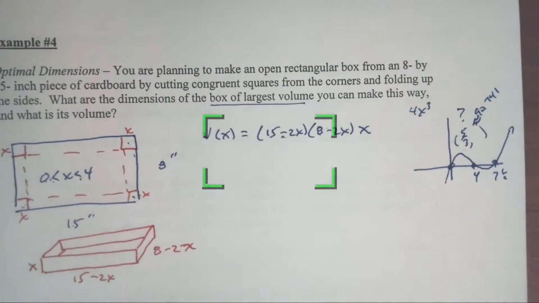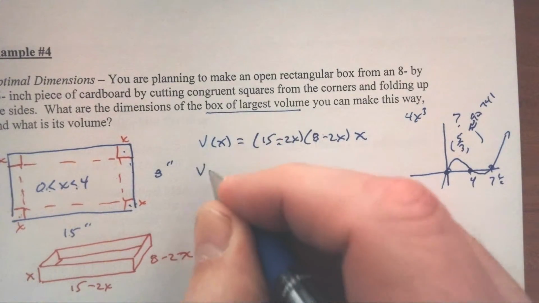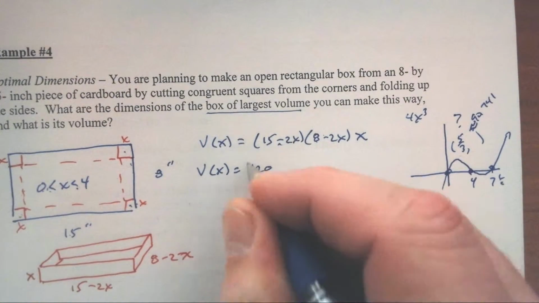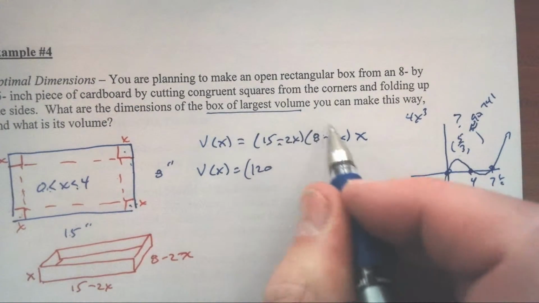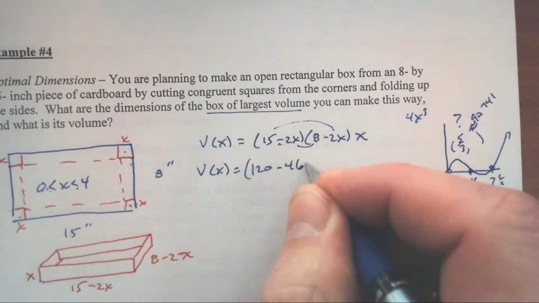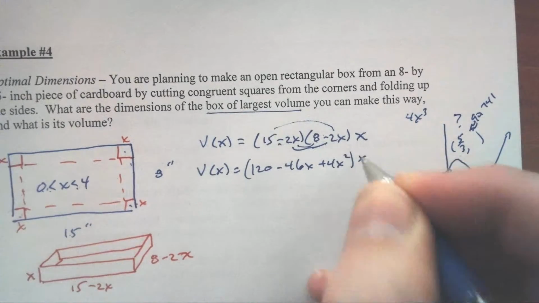Let's see what we got. I don't think I want to attack this with the derivative by using product rule, so I'm going to simplify this or multiply it out. Let's see, I would get 120, minus 30x's, minus 16x's, minus 46x's, and I would get plus 4x squared, all times x.